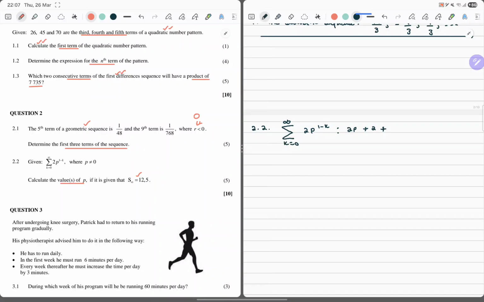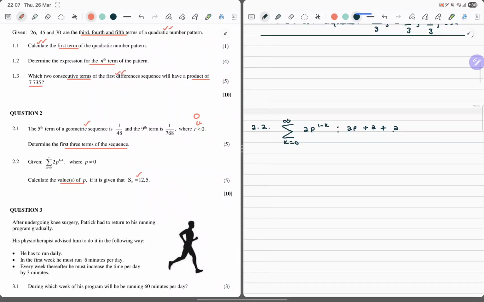We put a 2 in there, so we get a minus 1. So we get a 2 over p, right? And then it continues to infinity.